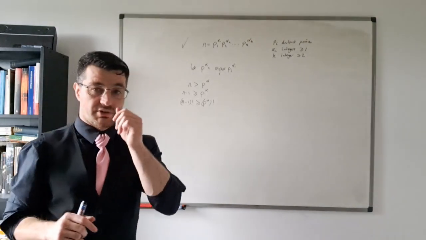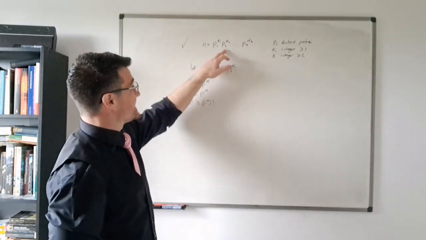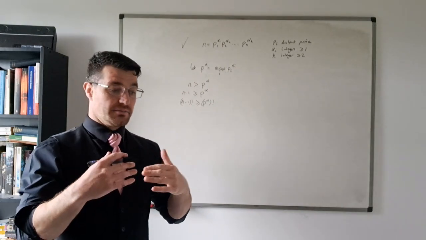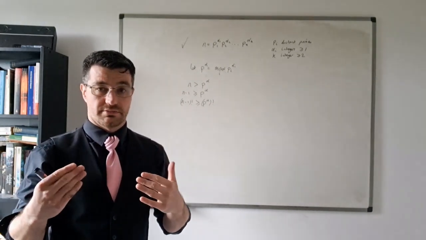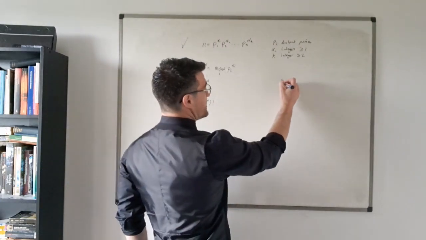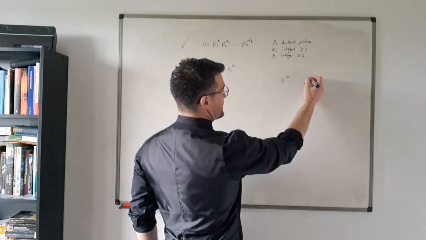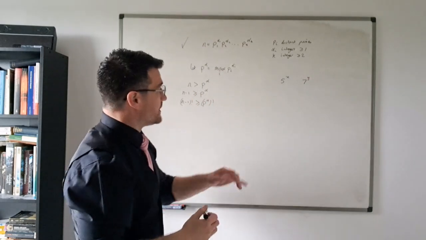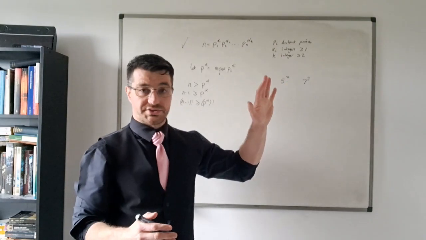It's also worth noting, just for clarity as well, that because these are distinct primes, powers of distinct primes can never coincide with each other. Okay, so if I've got, for example, 5 to the power of x and 7 to the power of y, these could never be equal with integer powers.